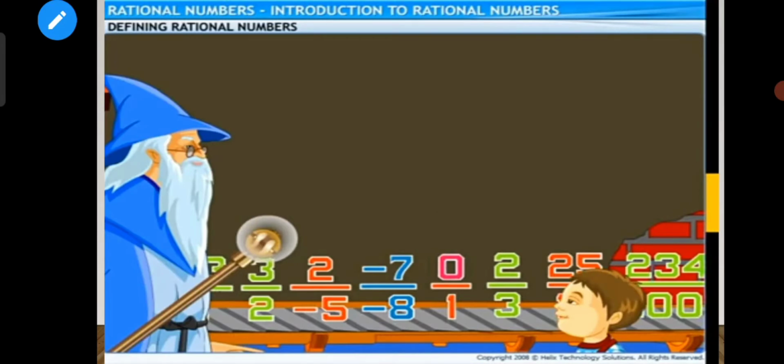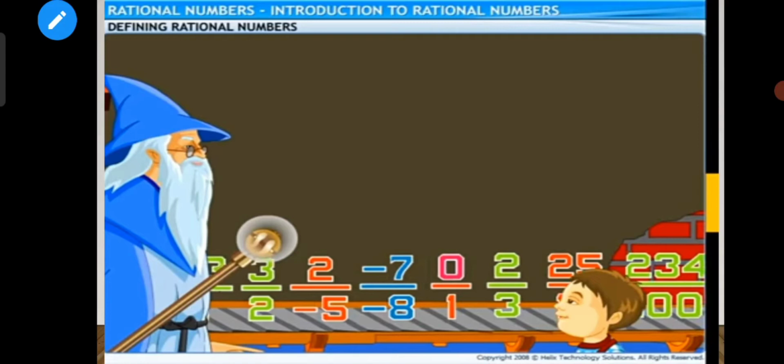For example, you can take 3 upon 2. 3 upon 2 is a fraction, it is a rational number. If we take 2 upon -5, 2 is an integer, -5 is also an integer, and when it is in the form of p by q, it is a rational number. 0 is also a rational number. 0 is a whole number, it is an integer also, and it is also a rational number because you can express 0 in the form of 0 upon 1, where 0 and 1 are integers and this 1 is not equal to 0.